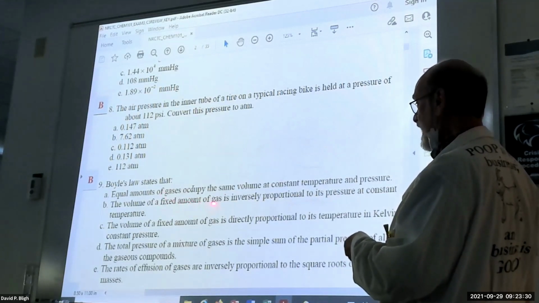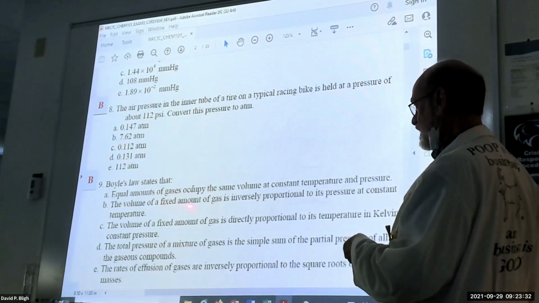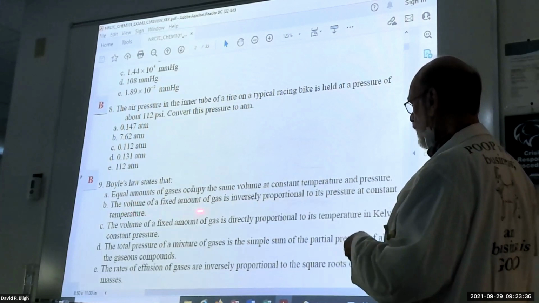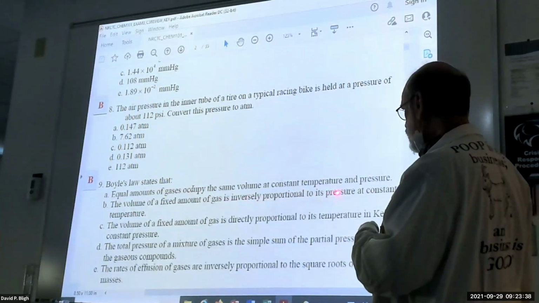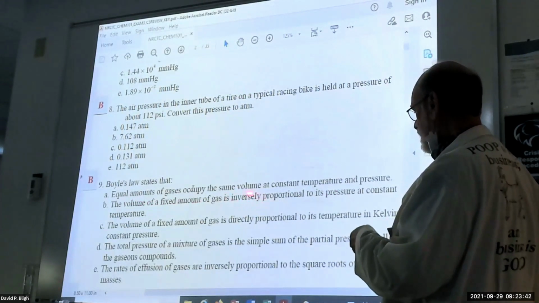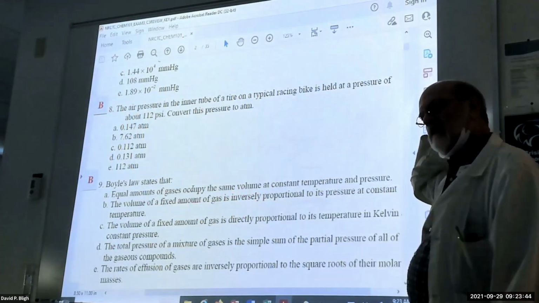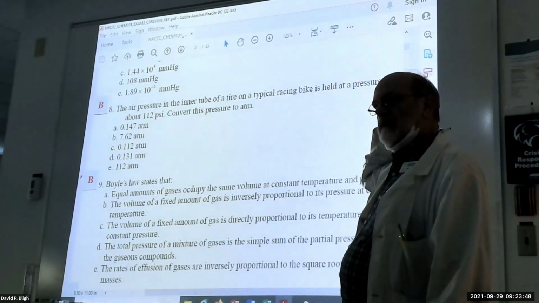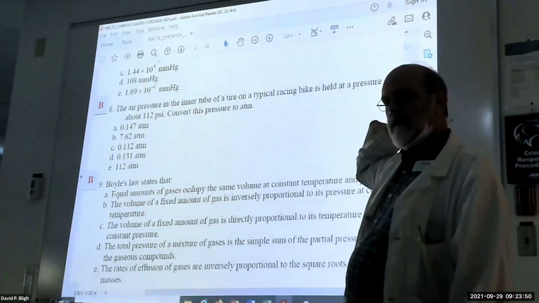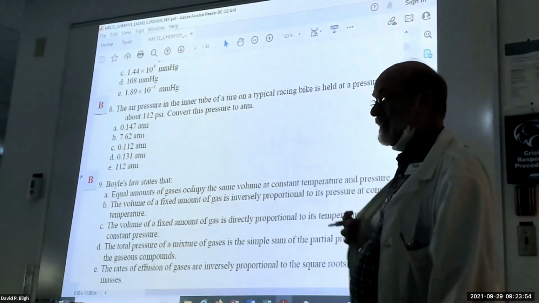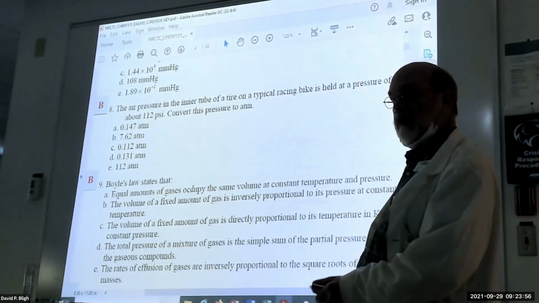A fixed amount of gas means moles is constant, and constant temperature is okay. So we're letting pressure and volume vary, and they vary inversely. Anytime you get the product of two variables equal to a constant, you have an inverse proportion. And in fact, when you graph it, it'll always be a hyperbola.